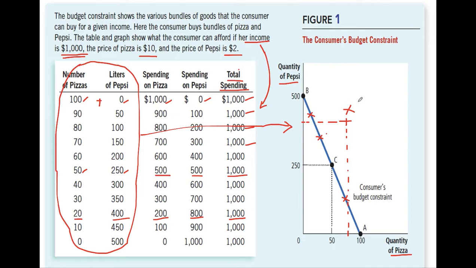So he cannot afford this X. It's impossible. If there is a combination here, let's say, I call it Y, okay.